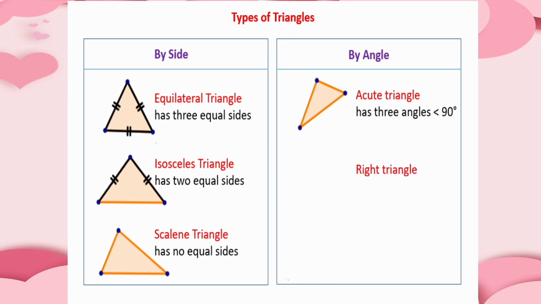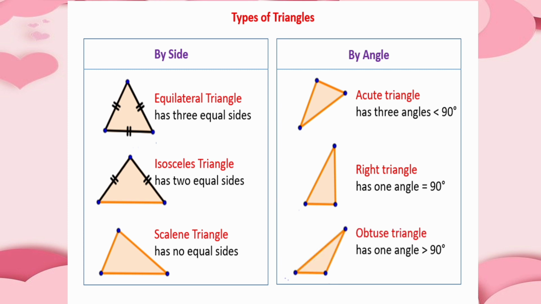Okay, right triangle, which means, so this is an example, and as you can see, it has a perfect L here. So it has one angle, which is equal to 90 degrees. Okay, let's say this one here. It's a right triangle. Obtuse triangle, this one, has one angle that is more than or greater than 90 degrees.